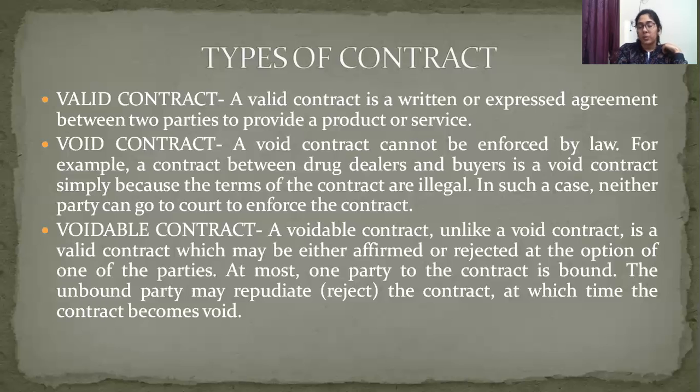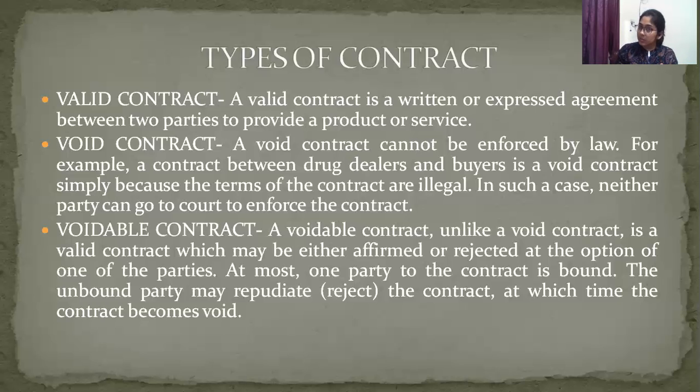Now, here in a voidable type of contract, it is not a void contract. Rather, the contract can be held valid if it is affirmed by one party, and it can be made a void contract if it is rejected at the option of the other party. So the unbound party can actually make it a void contract if he rejects it.